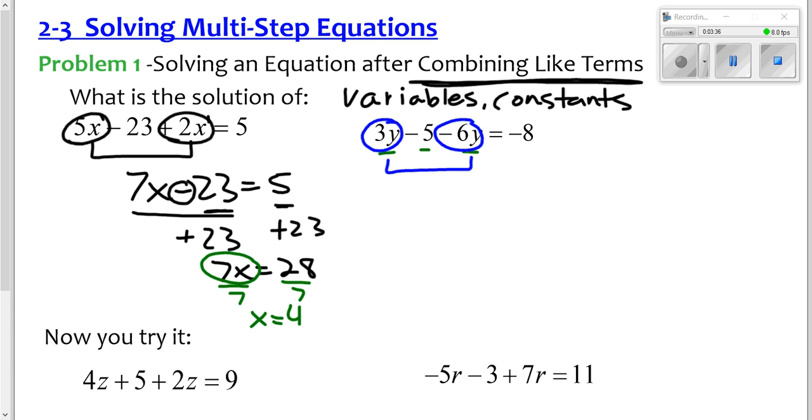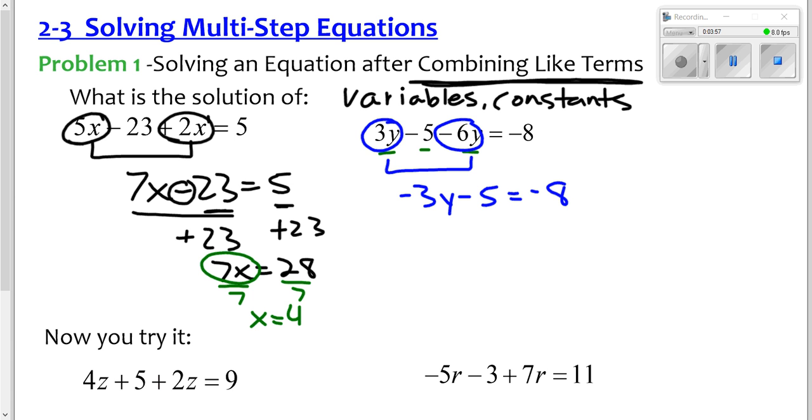And the 6 is bigger than 3. The sign of the 6 is a negative sign. The difference between 6 and 3 is 3, so I'm going to get negative 3y. All right. I've got this negative 5. I could not put it together with anything else, so I'm going to rewrite it. And I get the negative 8 on the other side.